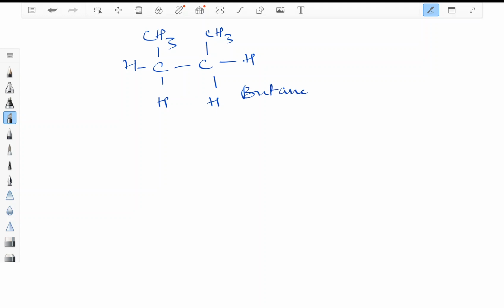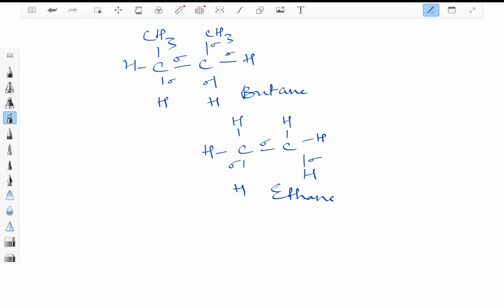If I see one more example, carbon-carbon having 3 hydrogens, this one is ethane. And all are having sigma bonds. All these bonds are sigma bonds. We have seen the orbital structure, how the sigma bonds are formed.